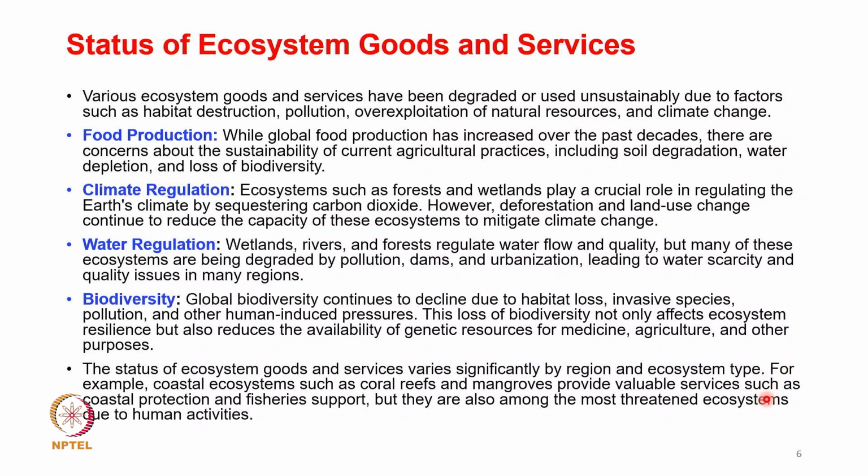The status of ecosystem goods and services typically varies significantly from region to region and also based on the ecosystem type. For example, coastal ecosystems have coral reefs and mangroves that provide valuable services. You can see that in many places, these coral reefs and even mangroves are among the most threatened, thereby also affecting the connecting ecosystems, basically due to human activities.